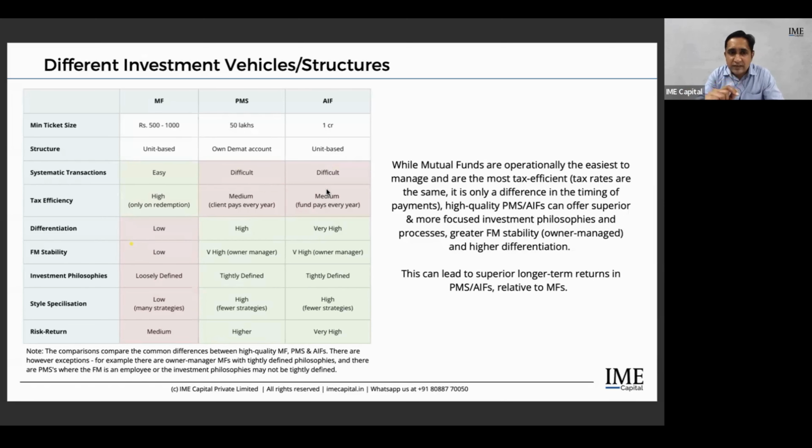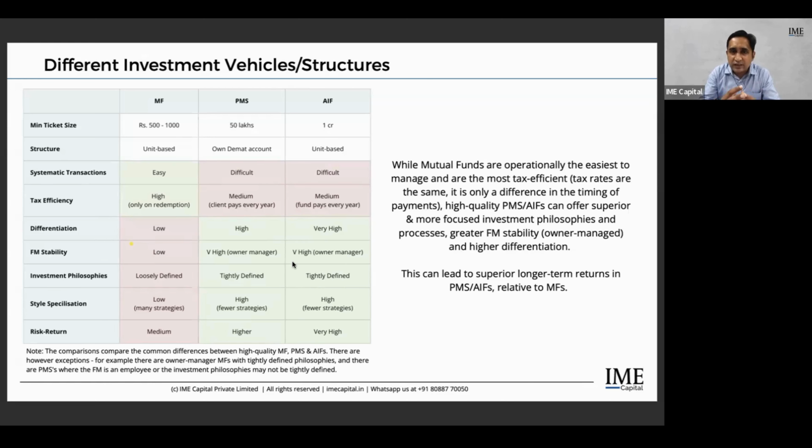But in a PMS and an AIF, there are a couple of important elements, which is where we believe that the quality of management is a lot superior. The biggest thing here is when it comes to high quality firms where you have a high quality owner manager. What we mean by owner manager is where the fund manager is also the principal owner of a firm.